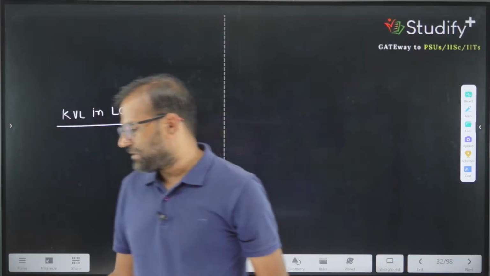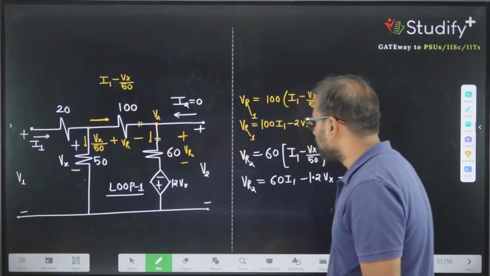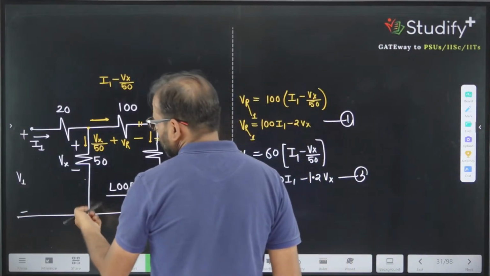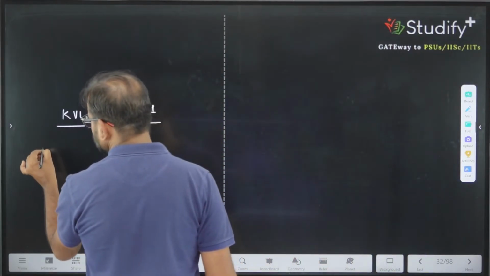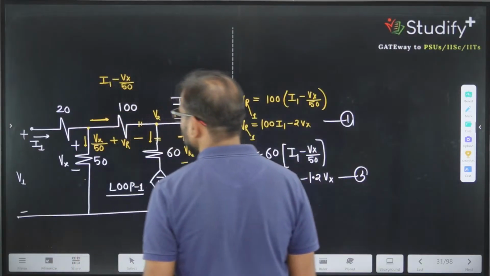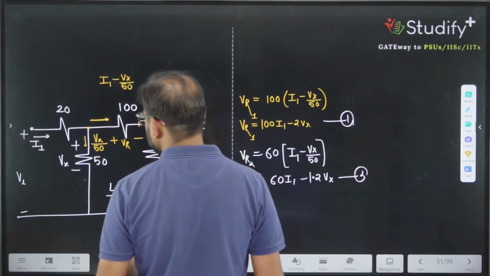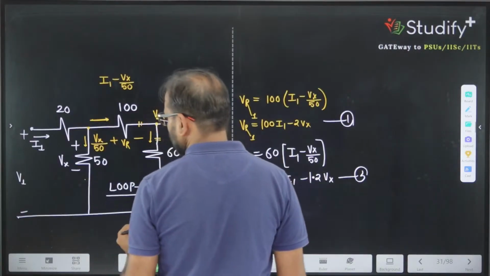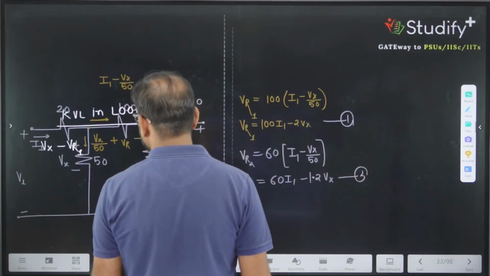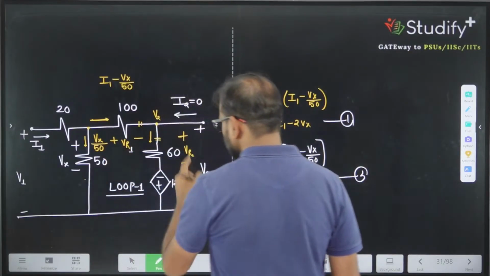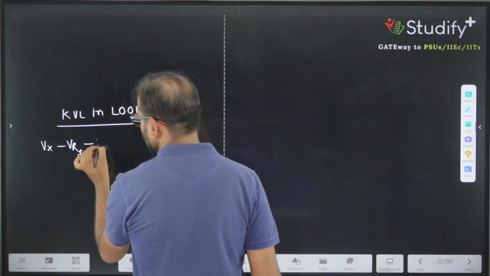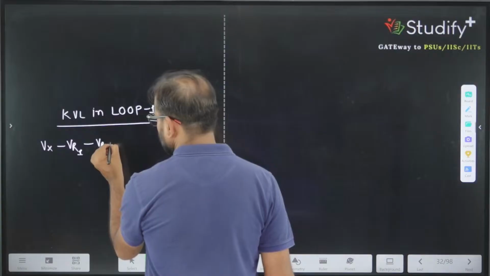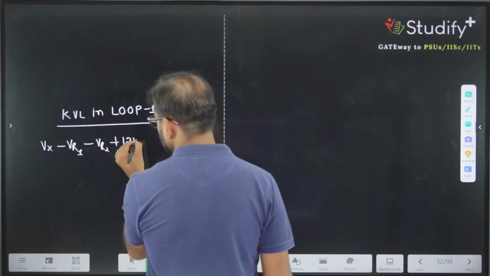When KVL in loop number 1 is applied, it looks like this: minus 2, plus Vx, then minus VR1, then minus VR2, and going minus to plus, plus 12 Vx.